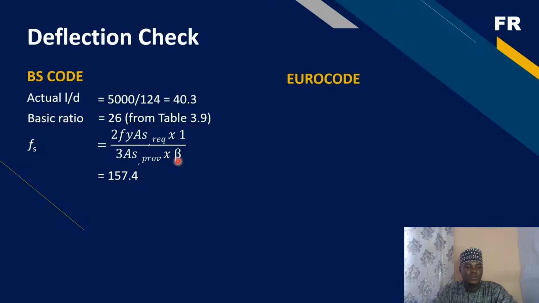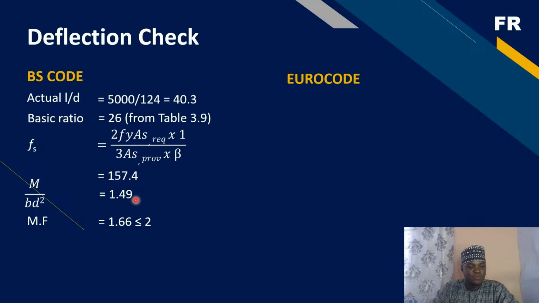In order to calculate the modification factor for the limiting ratio, we need to evaluate M over bd squared. We know our M to be 22.89, b is 1000, d is 124. Substituting that, we have 1.49. So at the end of the day, the modification factor is going to be 1.66, which is less than 2 based on the code requirement.